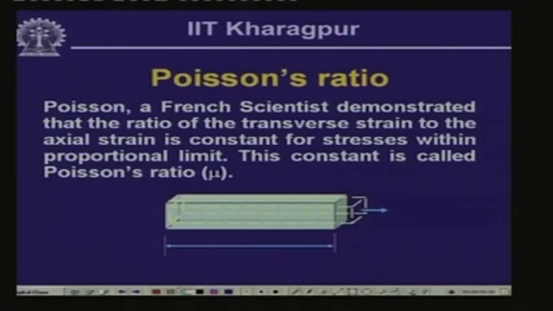So the range of values in general we can say is between 0.1 to 0.5, and most materials lie between 0.25 to 0.35. 0.5 is the maximum value of Poisson's ratio.